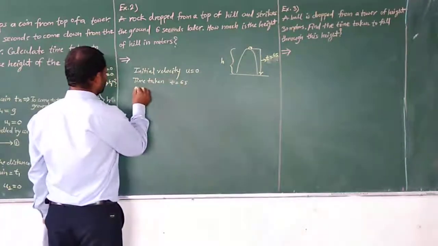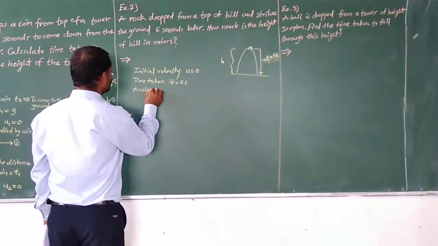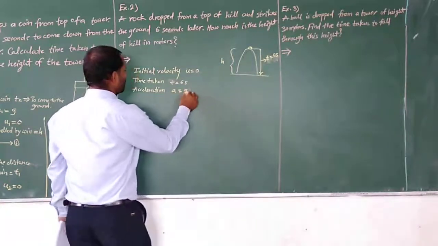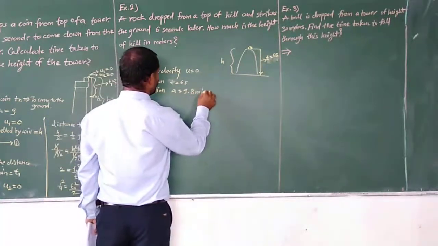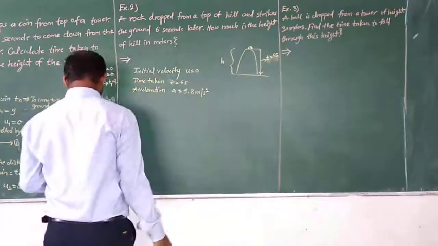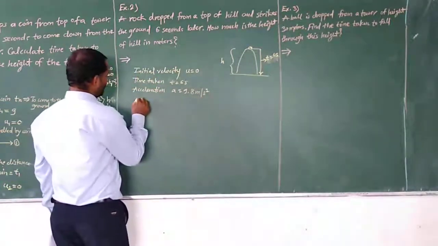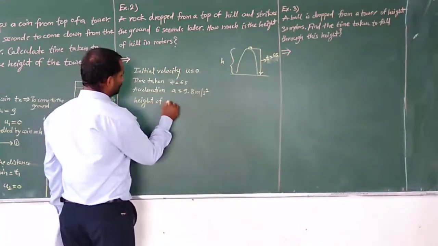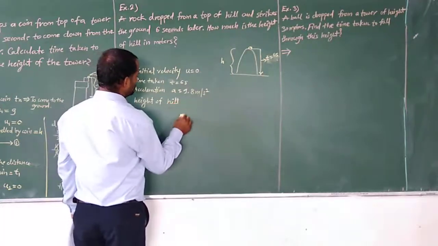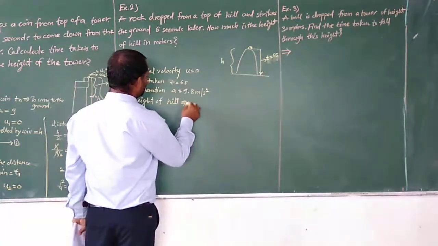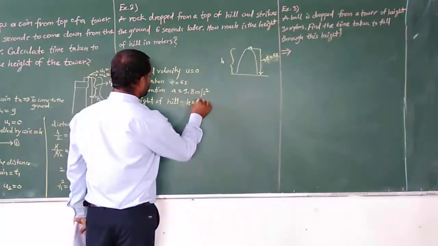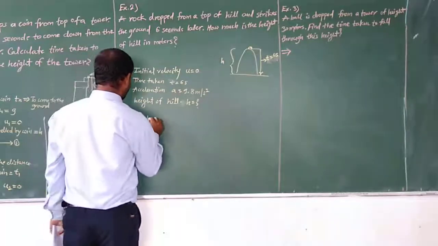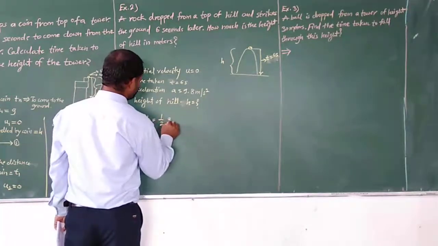Then we know the acceleration is 9.8 meter per second square. Then what we have to find here is the height of the hill, h. So we know the equation h is equal to half g t square.